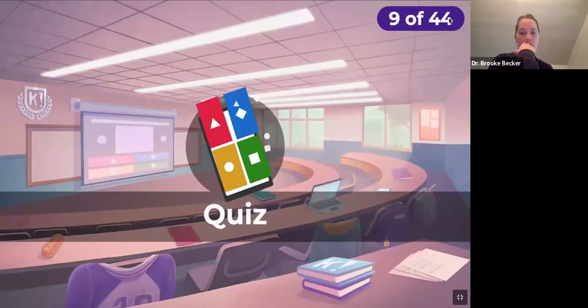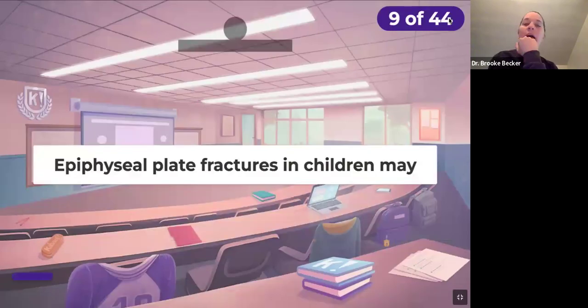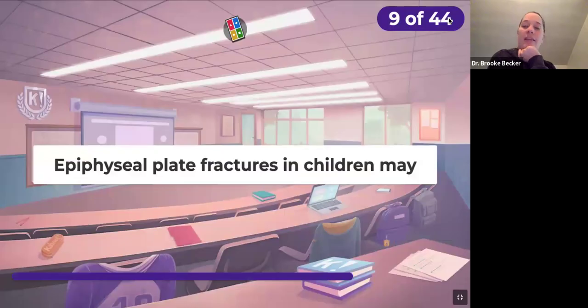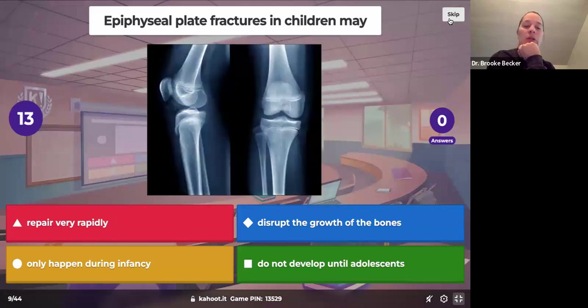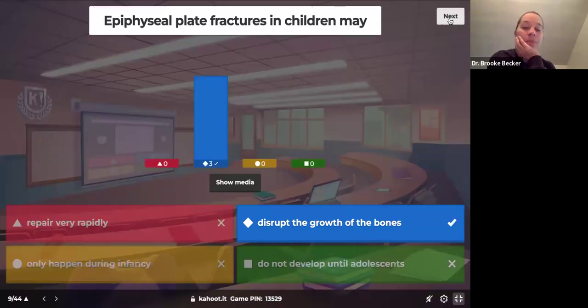Okay, let's do one more question. Epiphyseal plate fractures in children may repair very rapidly, disrupt the growth of the bones, only happen during infancy, or do not develop until adolescence. Yes. So if it's going through the epiphyseal plate, the fracture is, so Salter-Harris, remember reading about that, Salter-Harris fractures?